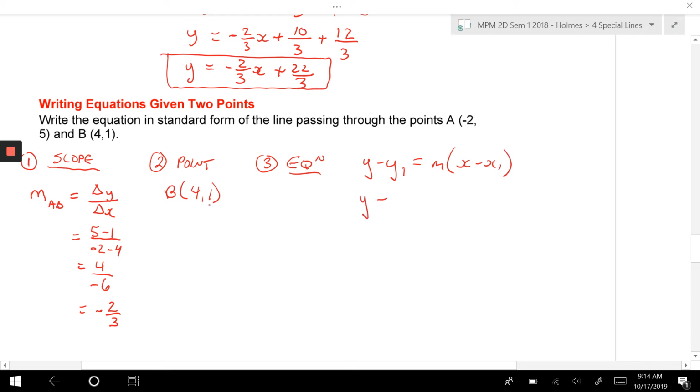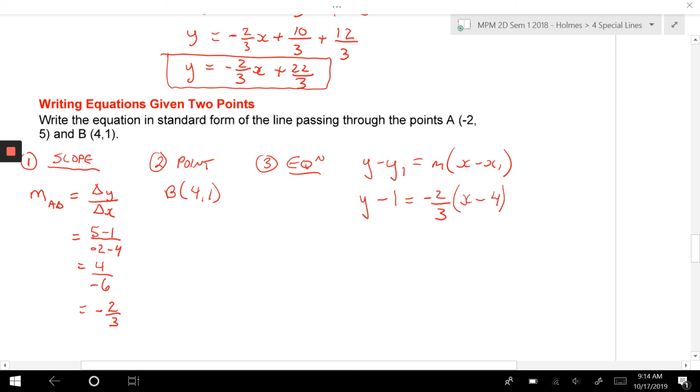Y minus y1, that's my point here, y minus 1, is equal to my slope, which is minus 2/3. We calculated that over here. And then x minus x1. X1 has my value of 4.